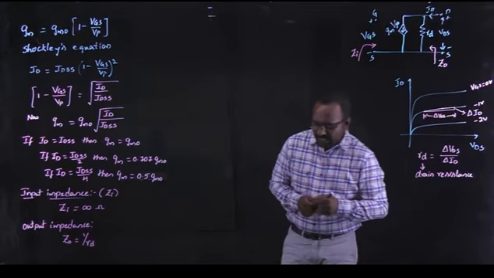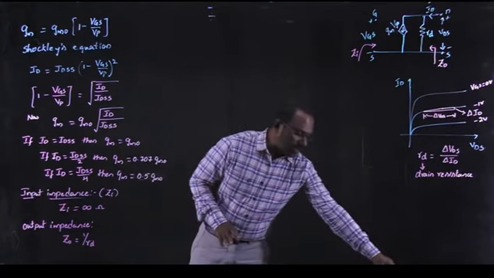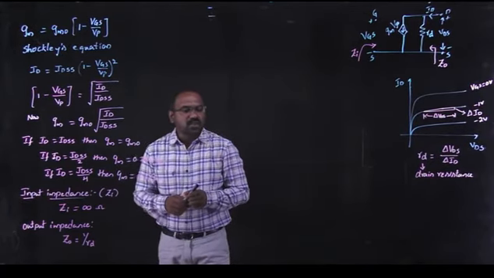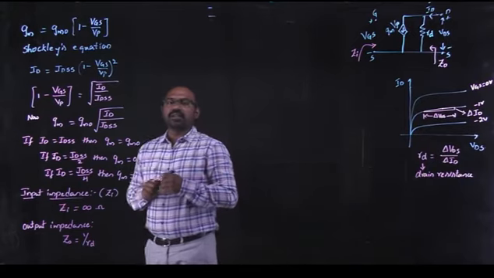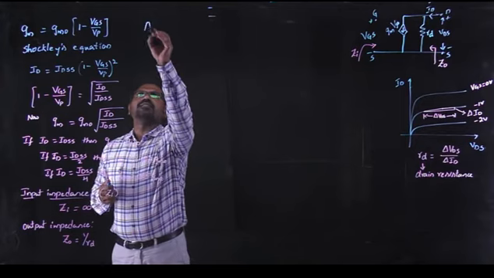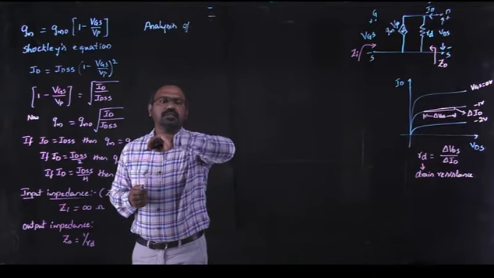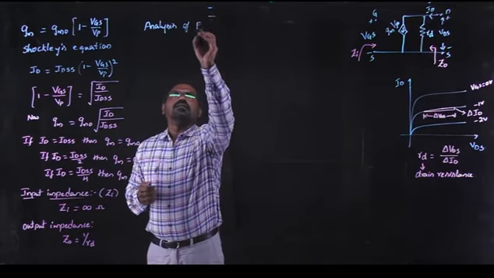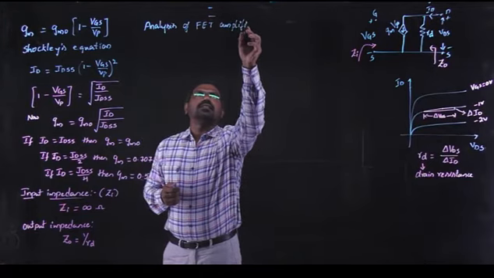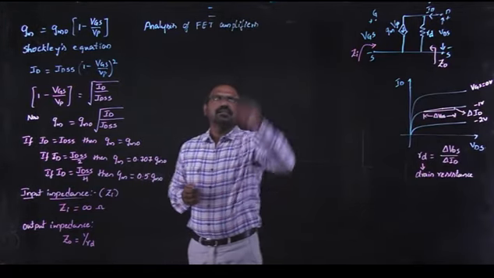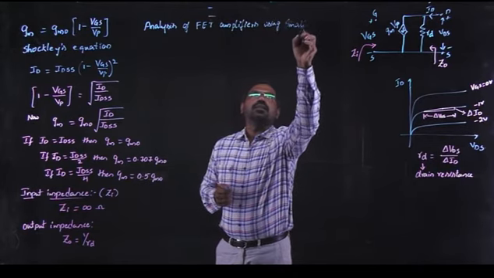That is the reason why first I am going to discuss the common source amplifier using the small signal model. So now I am going to discuss the analysis of FET amplifiers using the small signal model.